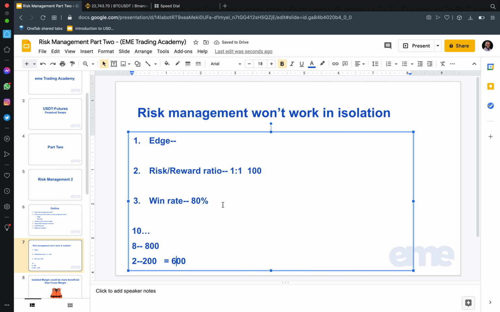All right, let's do another calculation. Let's say your risk reward ratio is 1:1, but you have a 30% win rate.